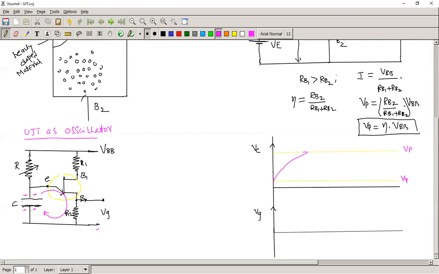The time constant when it is discharging is very small, so it will discharge very fast. Whenever the capacitor voltage reaches the valley voltage again, the UJT will be off. Once the UJT is off, again the capacitor will be charged through R. This is charging, discharging, charging, discharging, charging.